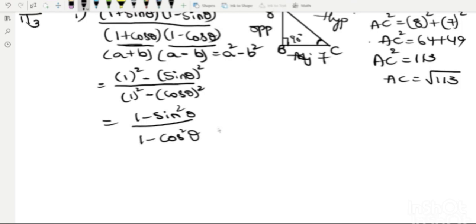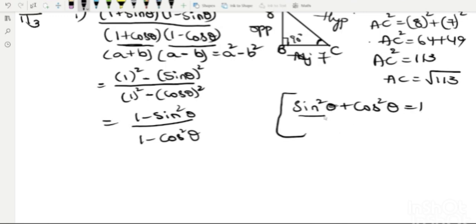Here you can substitute the formula of sine theta as opposite side by hypotenuse and cos theta as adjacent by hypotenuse. Instead of that, you can use the trigonometric identities, which will be in exercise 11.3, I guess. So let me tell you the formulas here. The identity formula is sine square theta plus cos square theta equals 1.